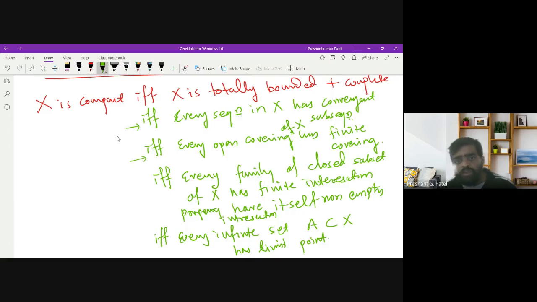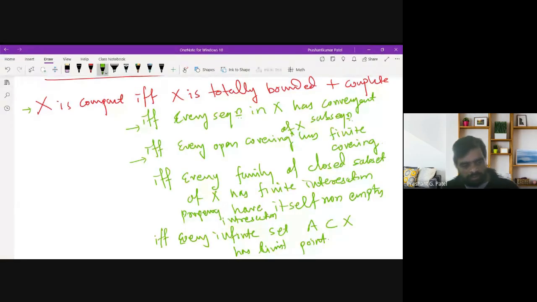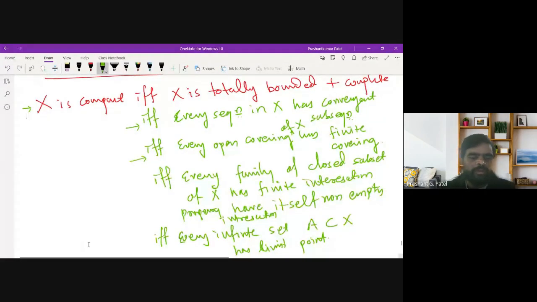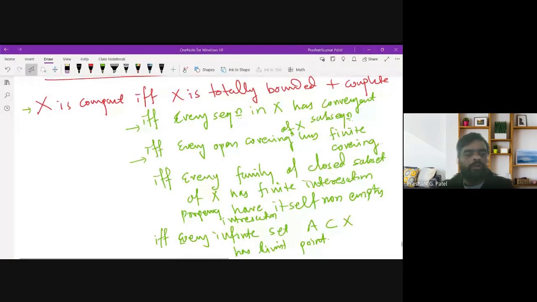All these books have different definitions. Here our definition is the first one which we have taken: X is compact if and only if X is totally bounded plus complete. And using that we have arrived at these four statements. Now from another definition you can pick up and prove the other results. Okay, so I have given lots of projects in this talk. Fine.